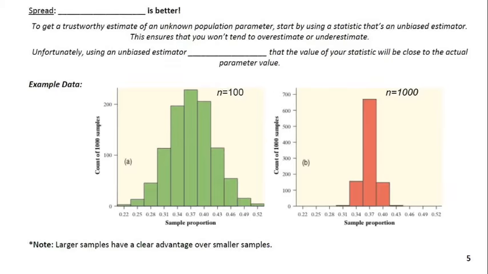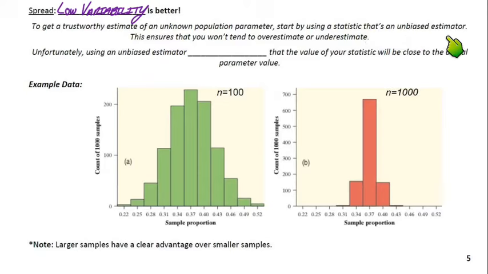Okay, let's talk about the spread of these things. So you can see this distribution or this distribution. One obviously has a bigger spread than the other. In general, low variability is better. So that would mean less spread. It says to get a trustworthy estimate of an unknown population parameter, start by using a statistic that's an unbiased estimator.